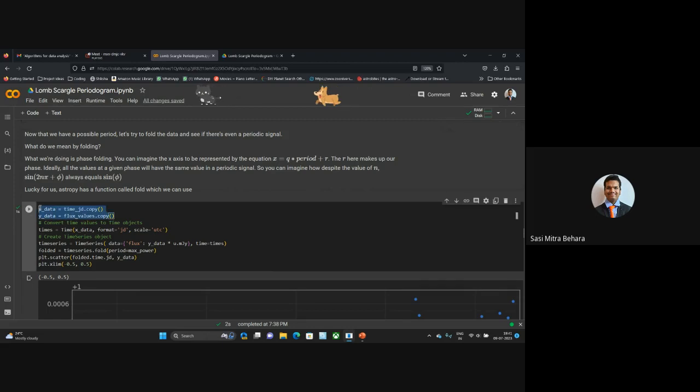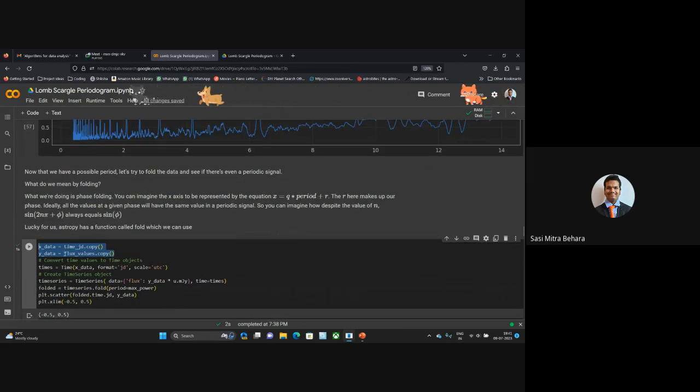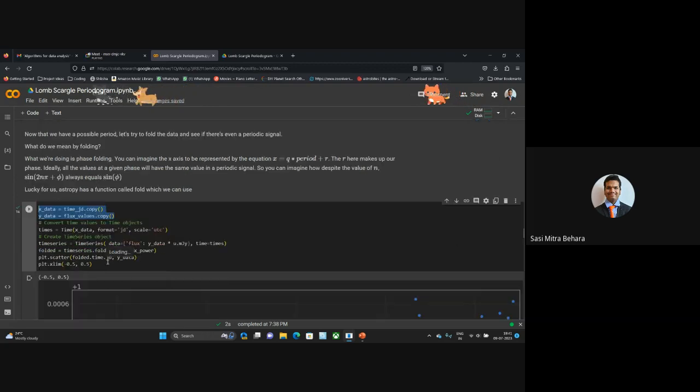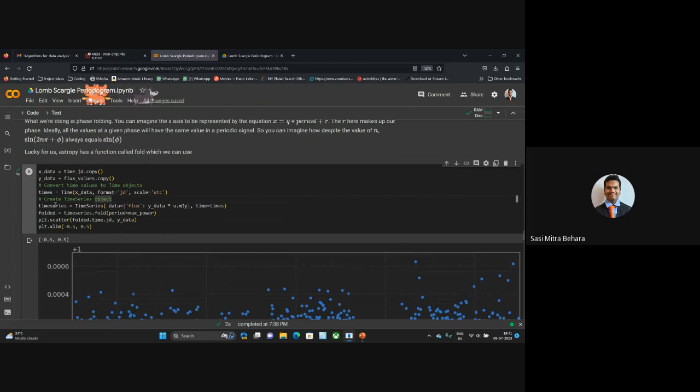Again, I have my x data of time and y data of flux, and I'm taking all the time data and converting it into an array of time objects. I'm specifying the format is JD, and the scale UTC. And then I create a time series object.